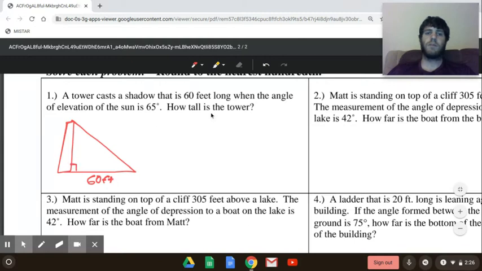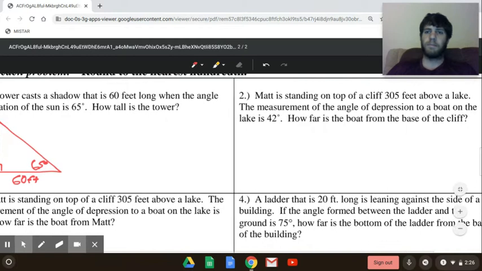There's your right angle. When the angle of elevation to the sun, so here would be the sun, the angle of elevation, that's the angle going up, is 65 degrees. We want to know how tall the tower is going to be. And that's the setup you're going to use for number one.